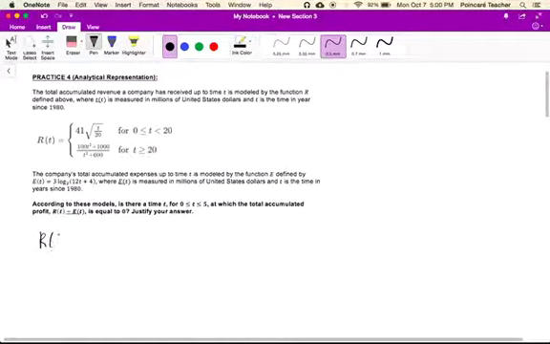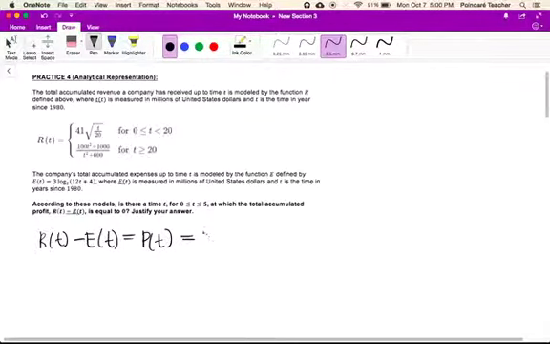So P of t is RT minus E of t. Let's just call it P of t, just for profit. And what is the actual equation for this function? So you guys talked about how we have to choose this RT function because the interval is from 0 to 5, which falls within this interval 0 to 20.